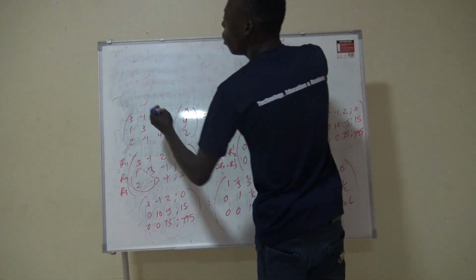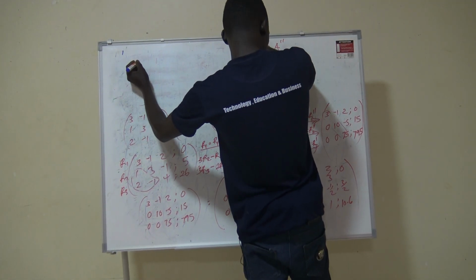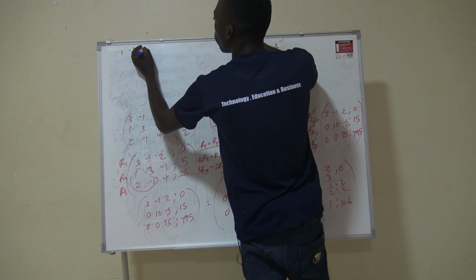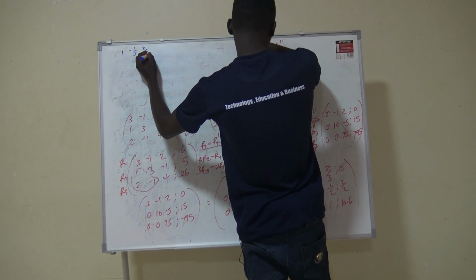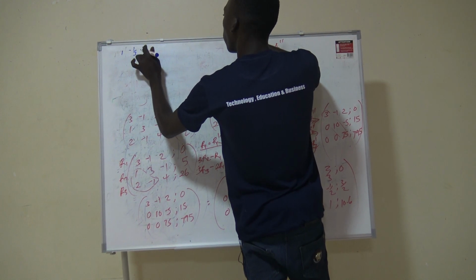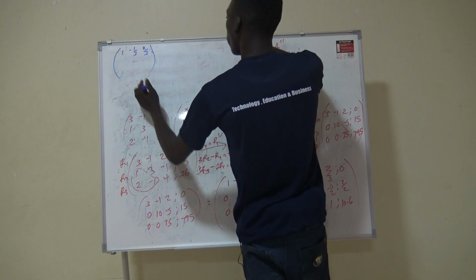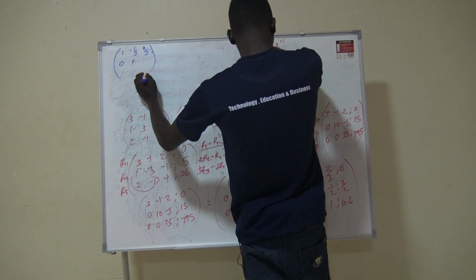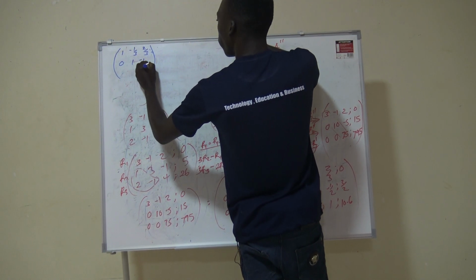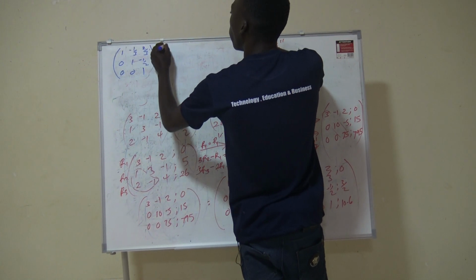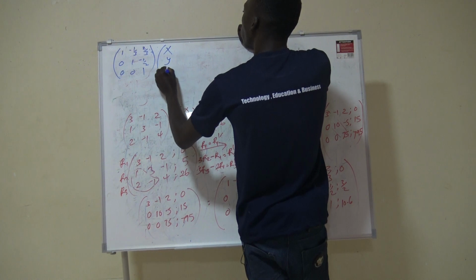So it must be 1, negative a third, then 2 out of 3. Then this one becomes 0, 1, negative a half. Then the other one is 0, 0, 1. Then here multiplied by x, y, z.